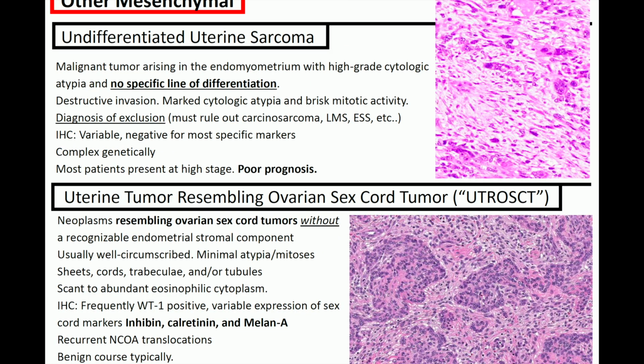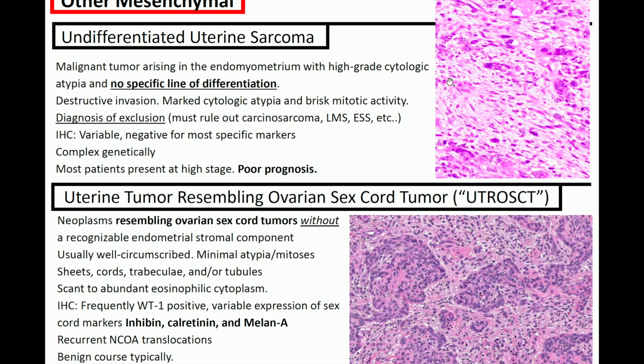So some other mesenchymal entities: you can have an undifferentiated uterine sarcoma, which is a malignant tumor arising in the endomyometrium with high-grade cytologic atypia and no specific line of differentiation. So undifferentiated, no specific line of differentiation. Destructive invasion, marked cytologic atypia and brisk mitotic activity. And this is actually a diagnosis of exclusion.